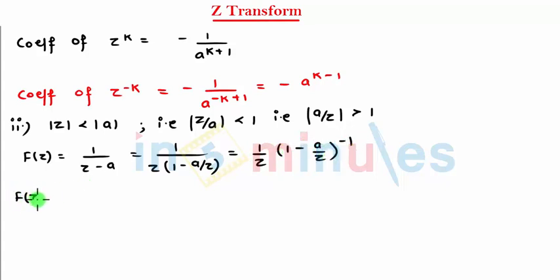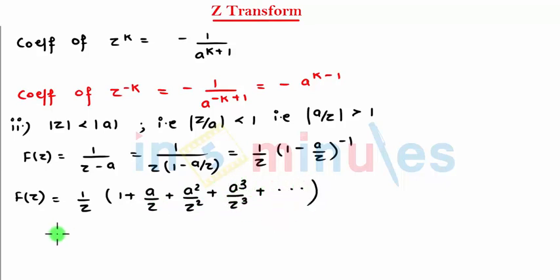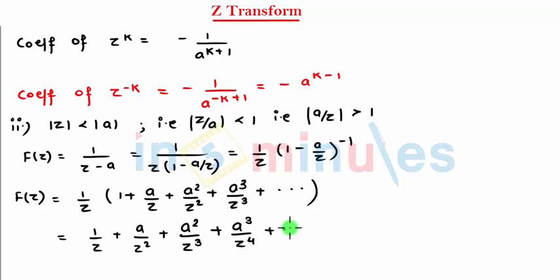I can write f of z as 1 by z and then the series: 1 plus a by z plus a square by z square plus a cube by z cube plus dot dot dot. Multiplying inside, we write 1 by z plus a by z square plus a square by z cube plus a cube by z raised to 4 plus dot dot dot.